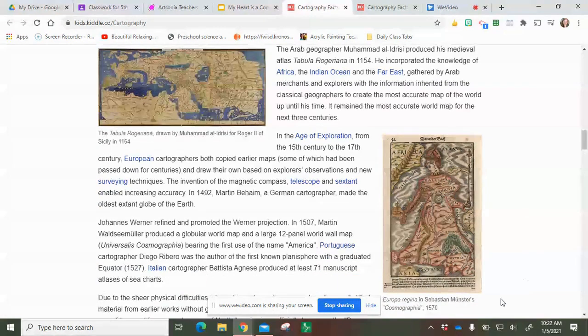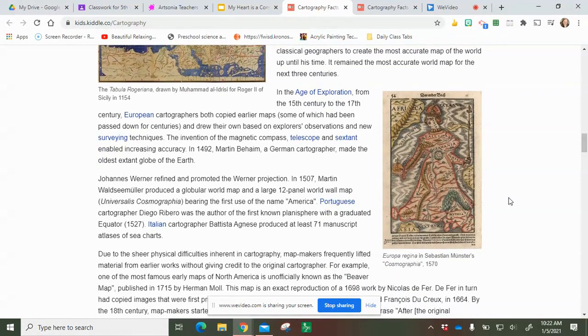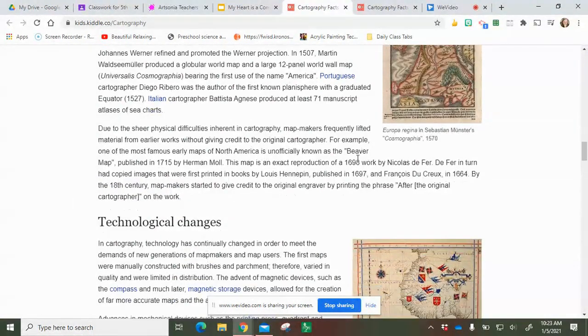And some people took some very creative licenses with showing actual land masses. So here you can see that this is called Europa Regina, and it was done in 1570, and it's in the shape of the Pope. So they took some creative license with that.